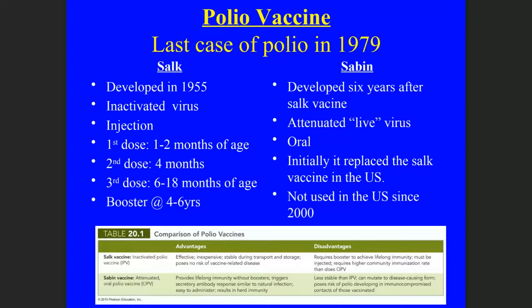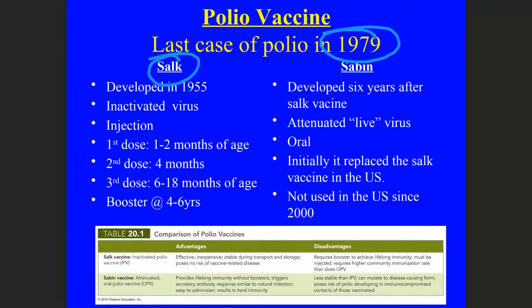And we don't see any cases of polio, at least in the United States, anymore. Like I said before, the last known case of polio in the United States was in 1979, and that's because of vaccination against polio. Now, there are two versions of the polio vaccine. The first one was called the Salk vaccine. It was developed in 1955, and the Salk polio vaccine is based off of an inactivated virus.